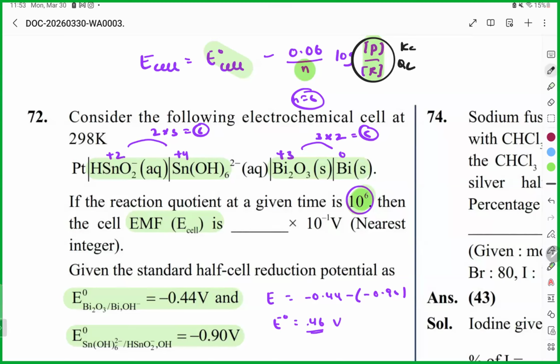Simple number, getting around 0.4 volt. 2.22, sir, I'm getting. Check the calculation a little. Sir, 2.7. Sir, I'm getting 0.4 something.